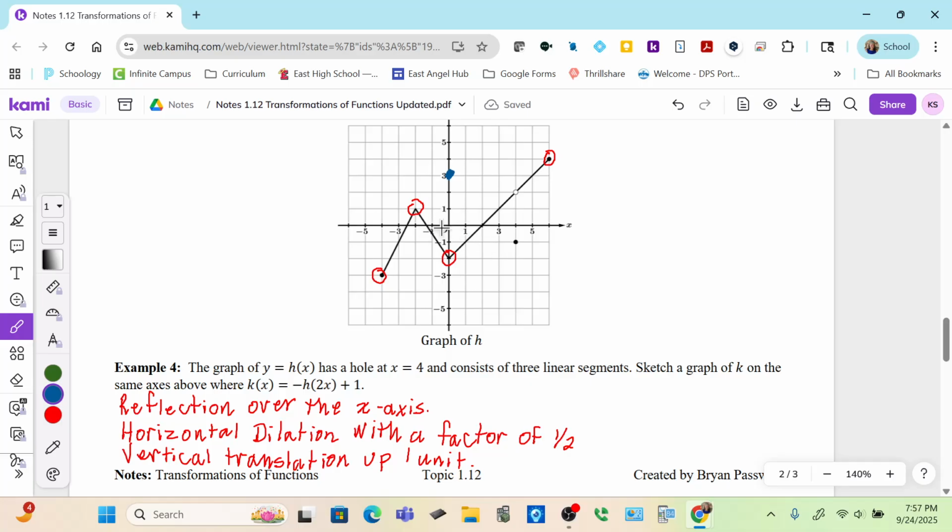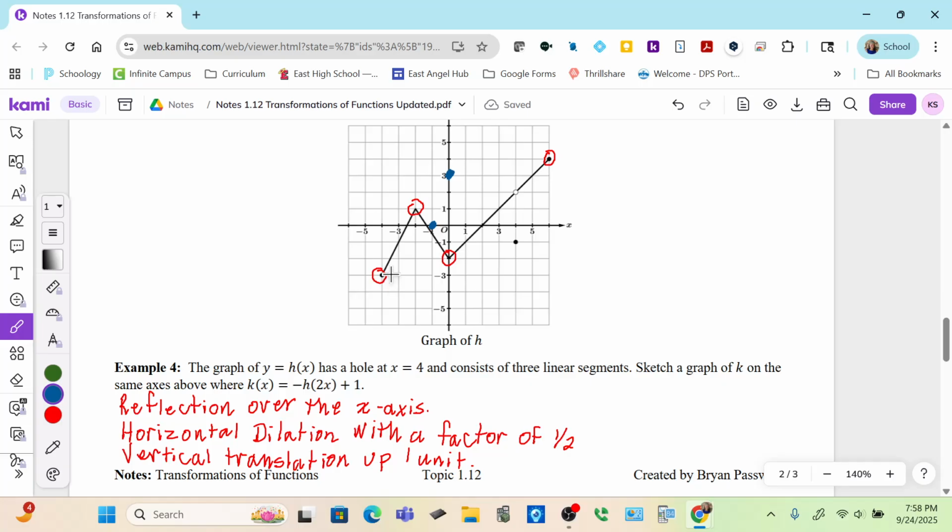I'm going to do the same thing here with the point -2, 1. It's going to reflect down to -1. I'm going to multiply the x value by 1/2, so instead of -2, it'll be -1. And then I have to shift it up 1 unit, so that is at -1 on the y-axis.